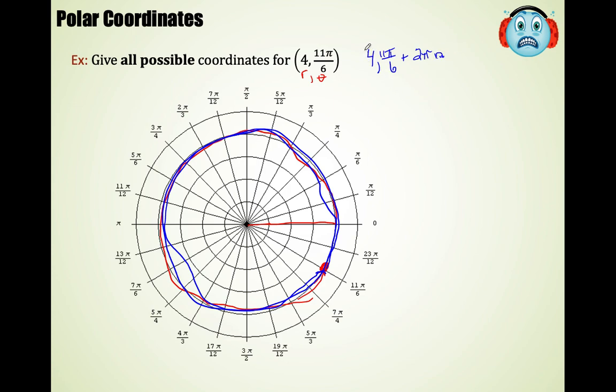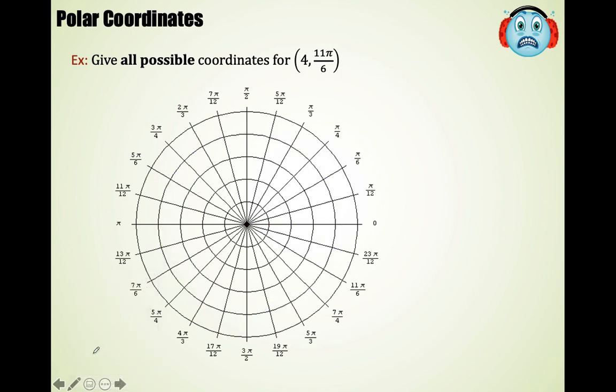But what else could you do? Is there something else? That's actually not all of them. That's going out to 4, spinning around to 11 pi over 6, and then either adding 2 pi n or subtracting 2 pi n. What else could I do, though? Couldn't I go 1, 2, 3, 4?